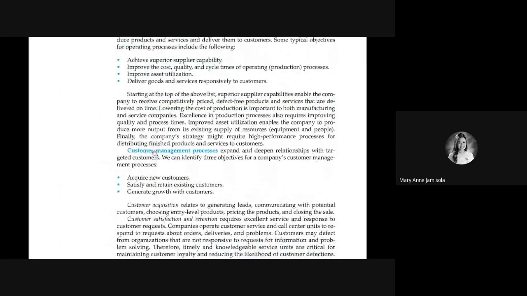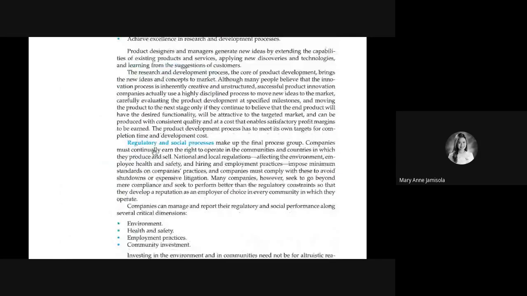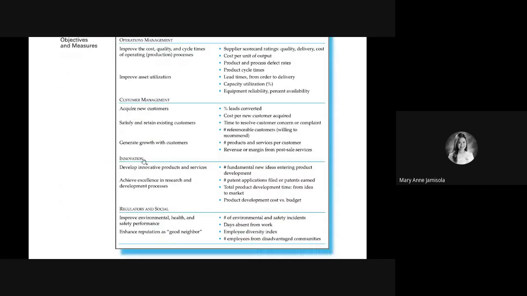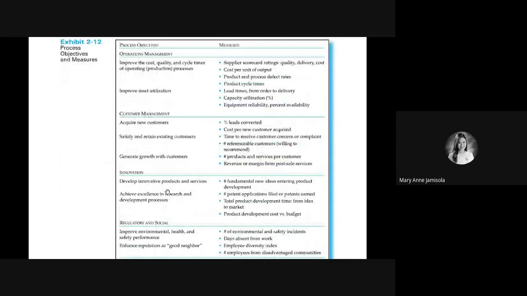Then for process perspective, let's look at the process objectives as what we have discussed a while ago. We have the operations, customer, innovation, and regulatory and social processes. So these are the four processes under the process perspective. Again, what is the other term for process perspective?